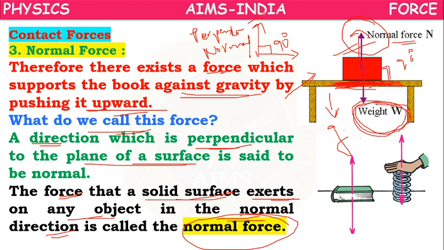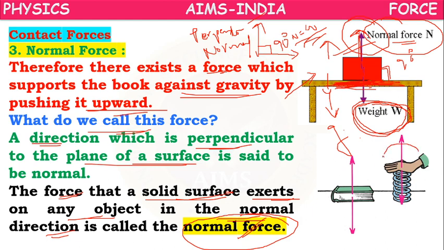To balance that weight, the solid surface exerts another force in the normal direction, called normal force, which is equal to the weight of the book but in the opposite direction. If the weight is acting downwards, normal force will act upwards. So that's why the book is not falling down. This is called normal force, or support force.